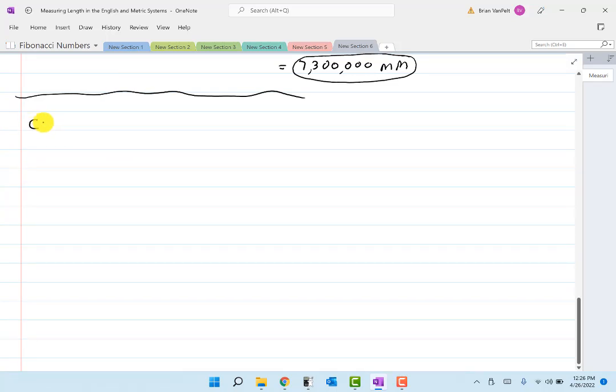Next, let's look at conversions between English and metric systems.